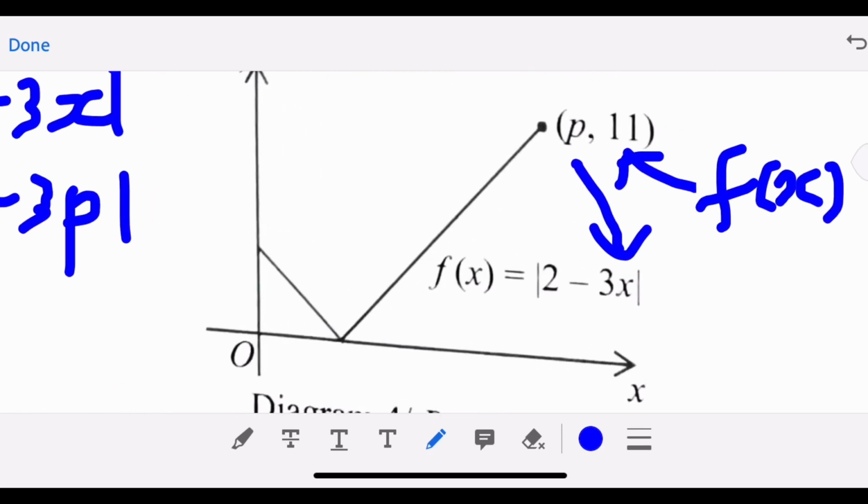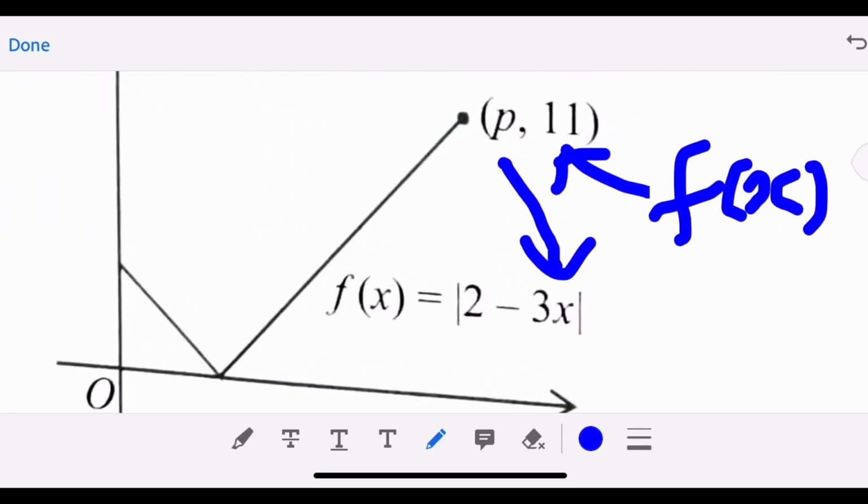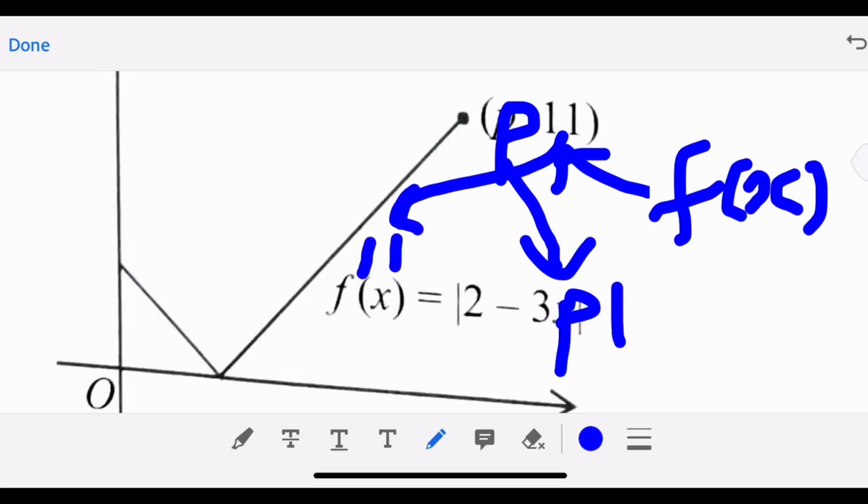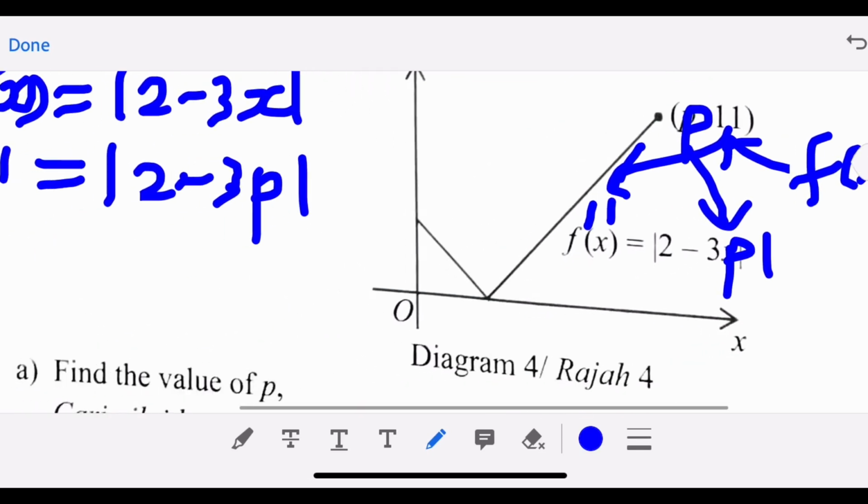So 11 is equal to modulus of 2 minus 3p. You need to substitute the p into the x, and for f(x), you substitute 11.